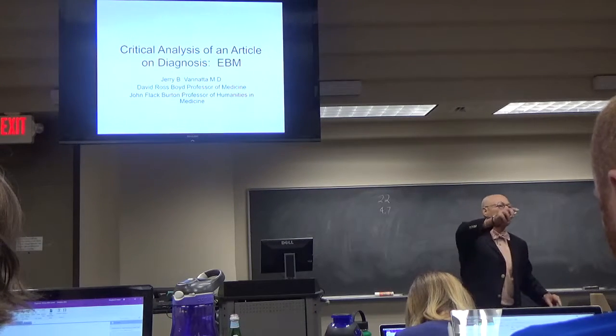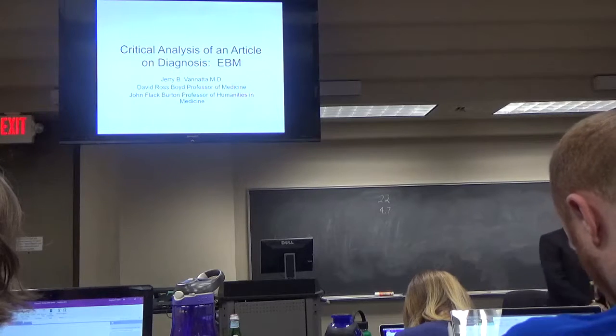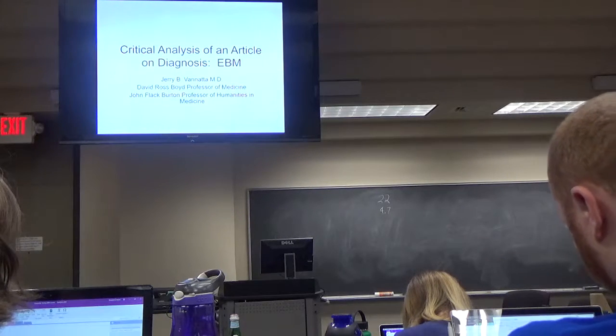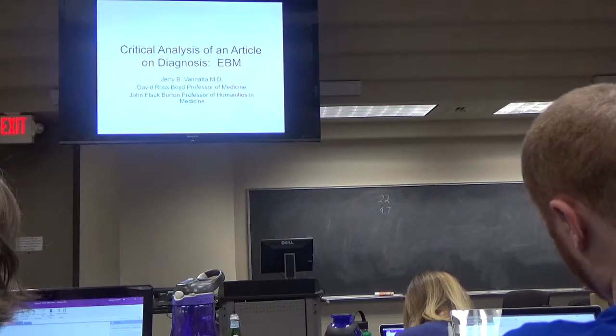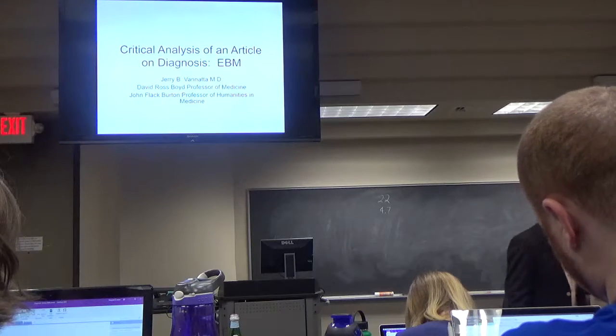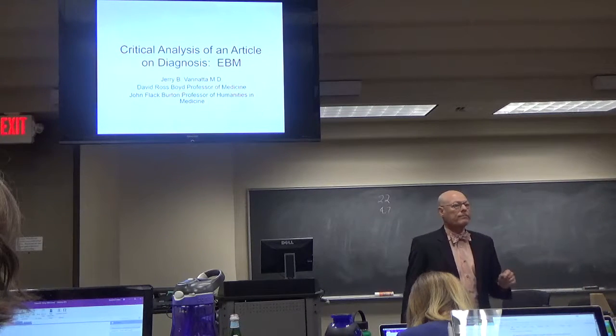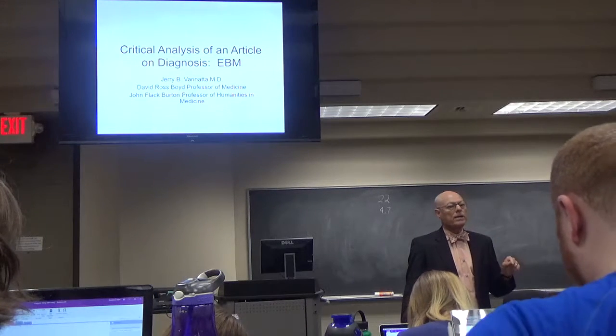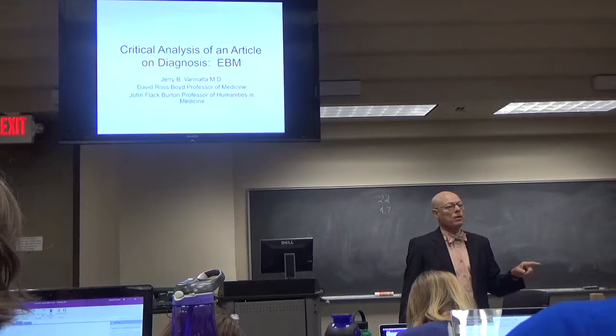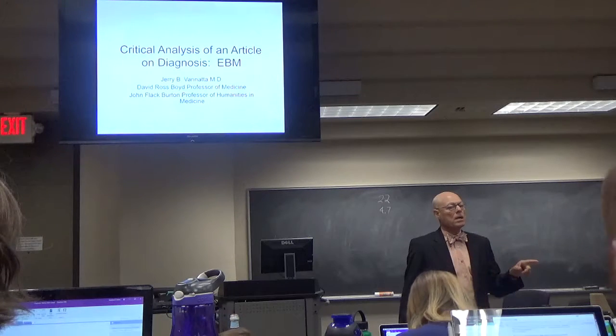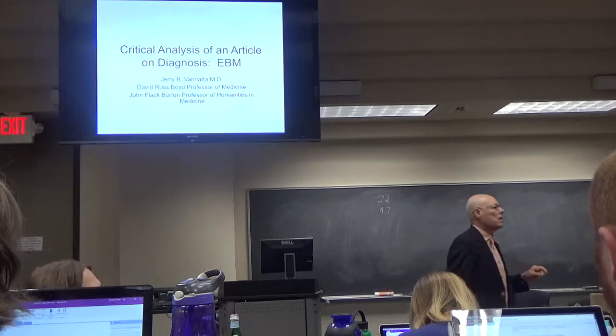Any other LR positives you found besides 22 and 4.7? I have one that says 0.019. No, that's LR negative. No, that's not it, not for this problem. There's a lot of different ones in this article.